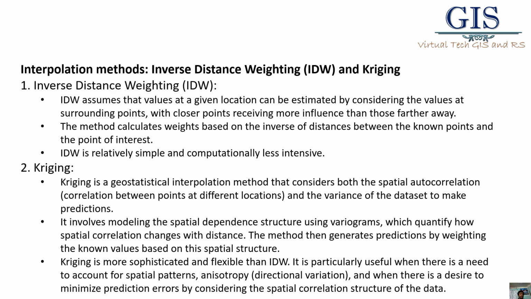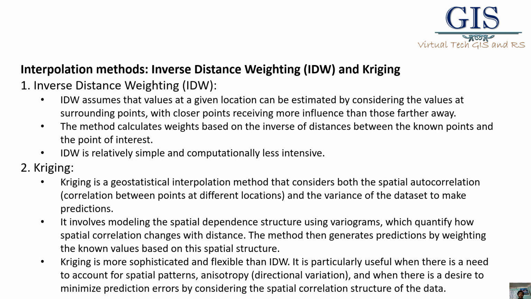IDW is relatively simple and computationally less intensive than the kriging tool. Whereas kriging is a geostatistical interpolation method. This considers both spatial autocorrelation, the correlation between points at different locations, and the variance of the dataset to make predictions at other points. It involves modeling the spatial dependence structure using a variogram, which quantifies how spatial correlation changes with distance.